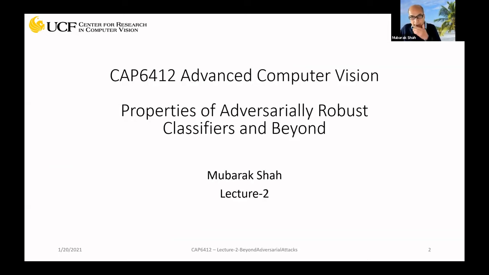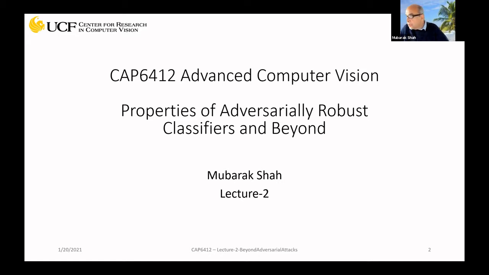So today I'm going to talk about how we can train deep neural networks which are robust, the adversarially robust networks, and they have lots of good properties, and that's trying to address some of these concerns.